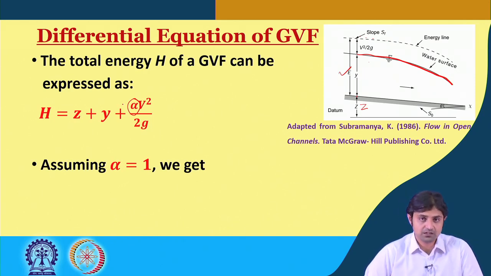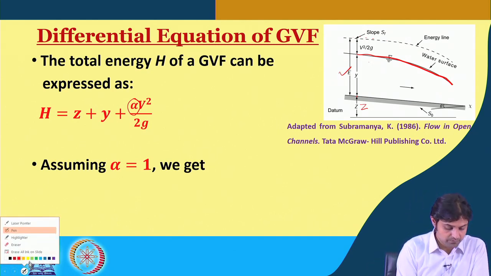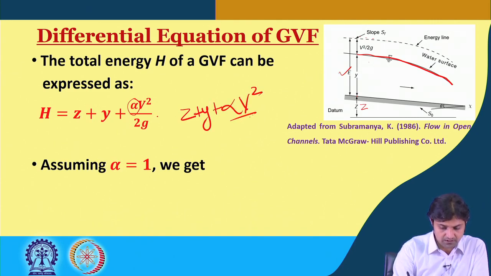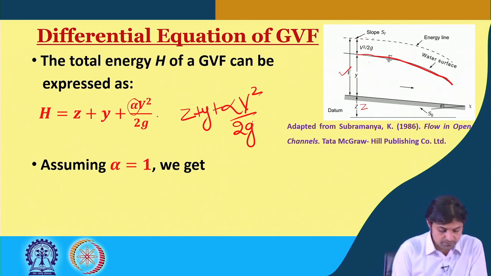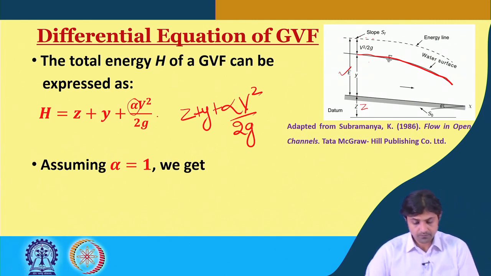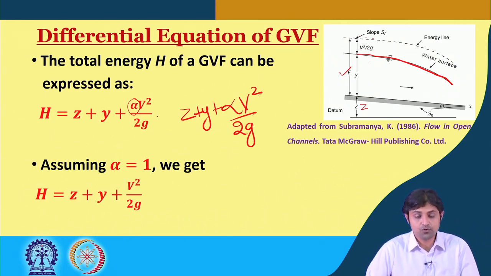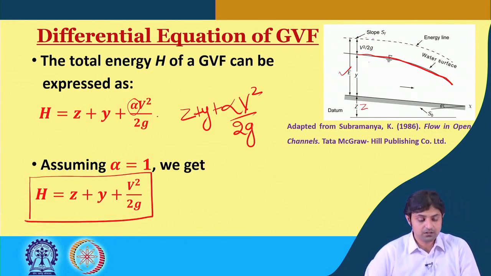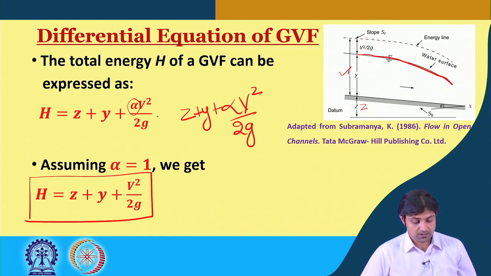In principle, we must have H equal to Z plus Y plus alpha V square by 2G. So, with alpha equal to 1, H is equal to Z plus Y plus V square by 2G: the potential head plus the pressure head plus the velocity head.